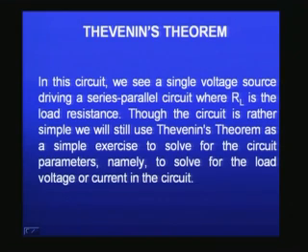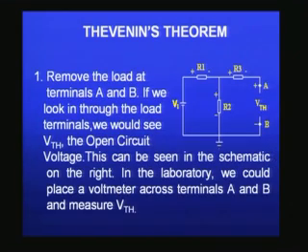So let us see how we go about doing this. The first thing is we want to find out what is V Thevenin. Then all that we have to do is remove the load, that is what you can see in the picture now. The load RL is removed here, and you just connect the terminals A and B to a voltmeter and measure the open circuit voltage.